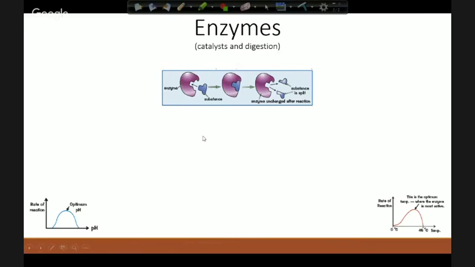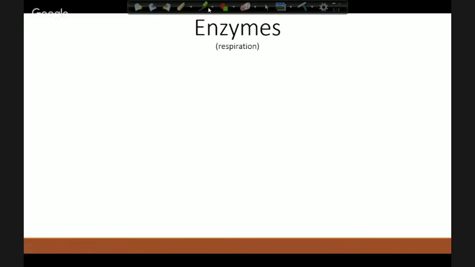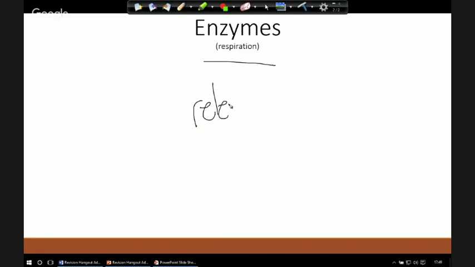Now, the second part for enzymes is how they're involved in respiration. A bit of a tenuous link here. The point being, you need to know 2 parts. First of all, respiration. Well, respiration happens in almost every single cell in the body, certainly every live cell. And it's the releasing of energy.